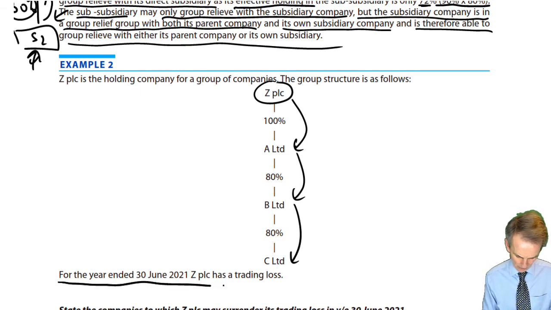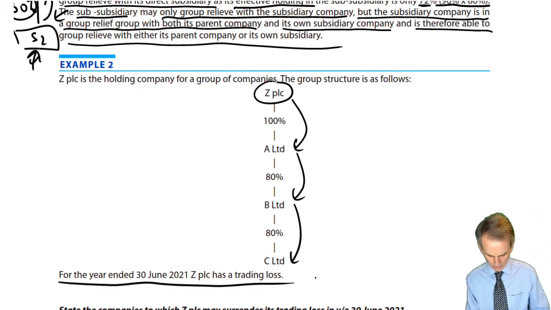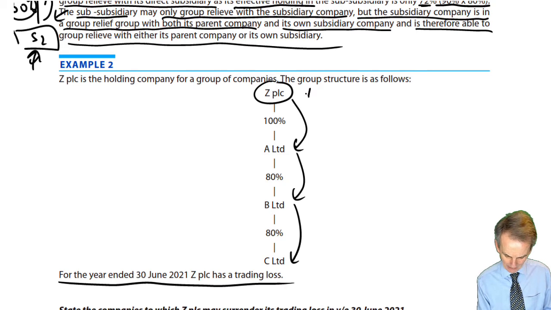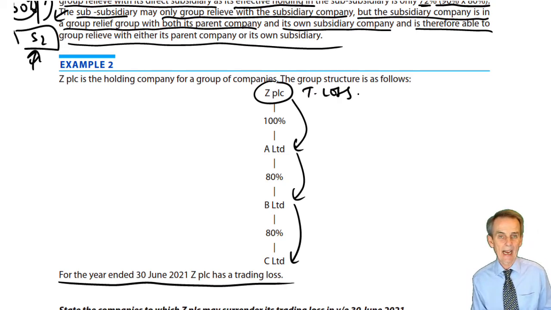What we want to know is, for the year ended 30th of June 21, if Z PLC has a trading loss, who is it able to group relieve with? Remember, you need to have an effective 75% interest. That shouldn't take you very long. Hopefully you've already done it. The maths is not tricky. But have a think through, make your mind up, look at the answer, and I'll quickly look at that with you in a moment's time.